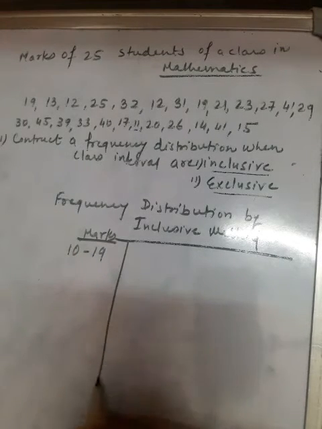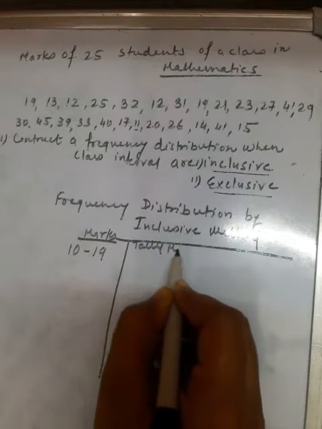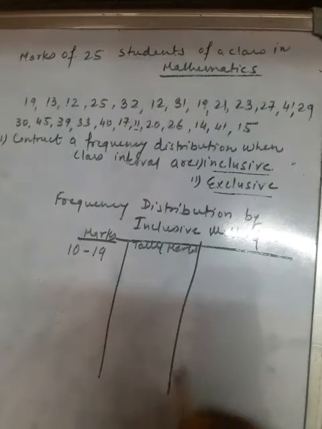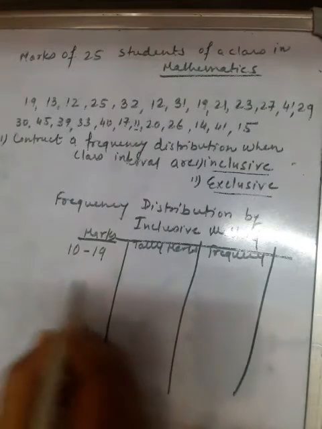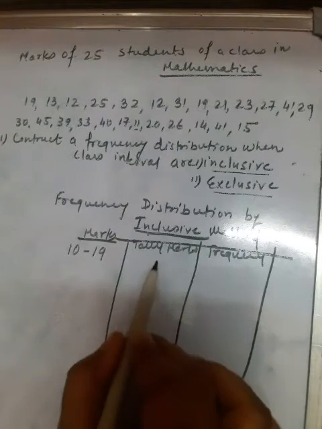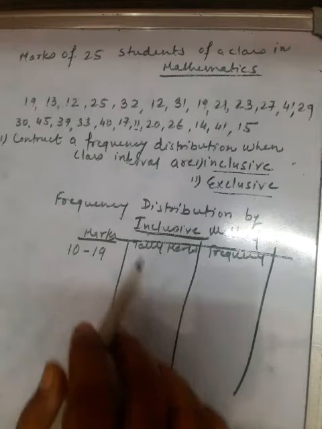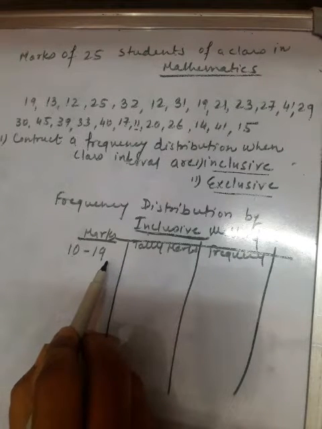The first column will be marks, then tally marks, then frequency. In the inclusive method both limits of the class interval, meaning lower limit and upper limit, are counted in the same class.